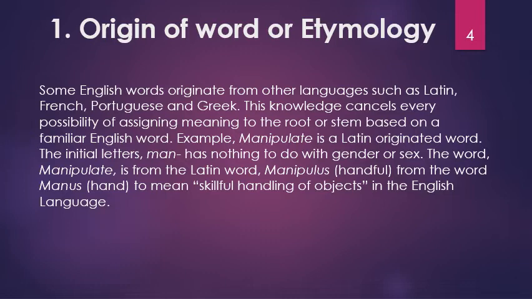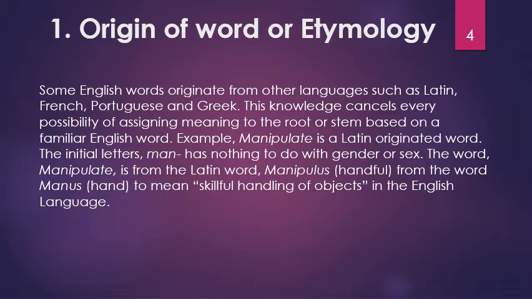For example, class, some English words originated from other languages such as Latin, French, Portuguese, and Greek. This knowledge of where the words originated from usually cancels every possibility of assigning meaning to the root or stem based on a particular familiar English word.